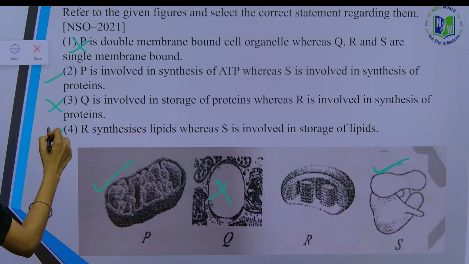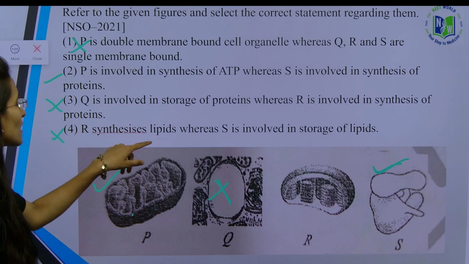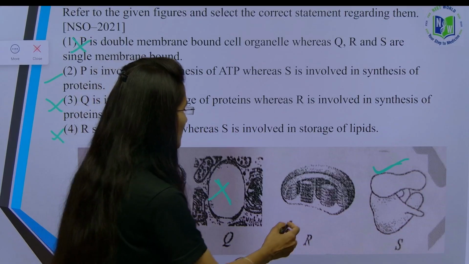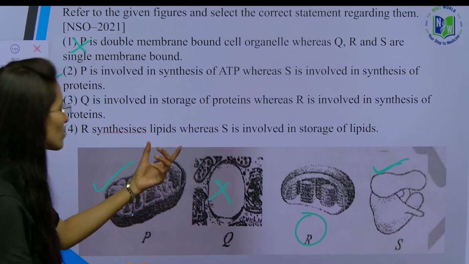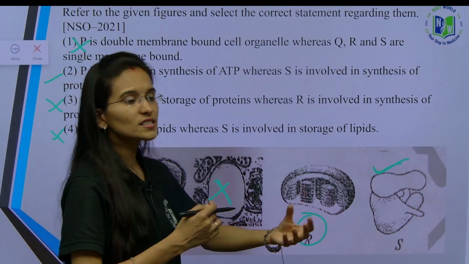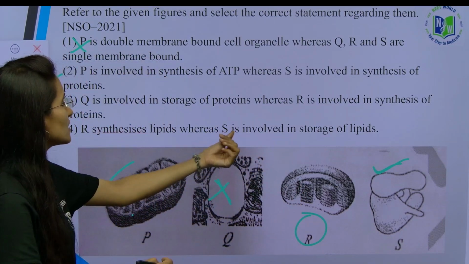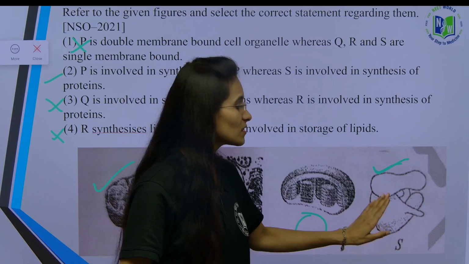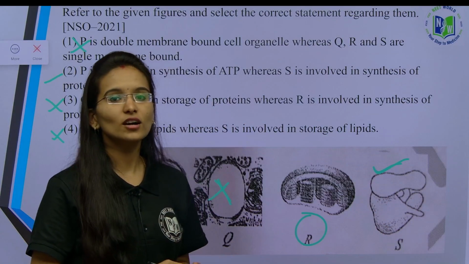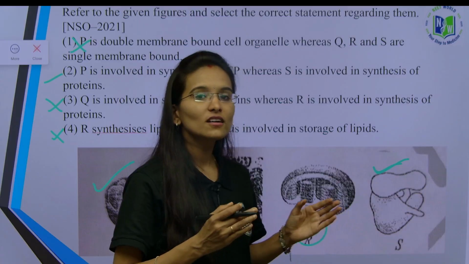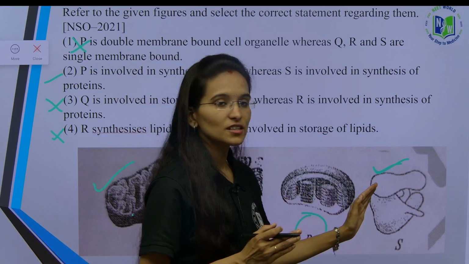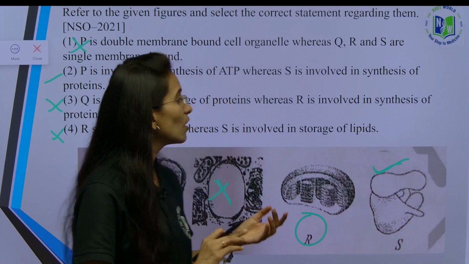Next, coming towards option 4: R synthesizes lipids whereas S is involved in storage of lipids. What is R? It is a chloroplast. It is not involved in the synthesis of lipids, and S is involved in storage of lipids. What is S here? S is ribosomes. These are not involved in the smooth endoplasmic reticulum; in the smooth endoplasmic reticulum we cannot find ribosomes attached. That is involved in synthesis of lipids.